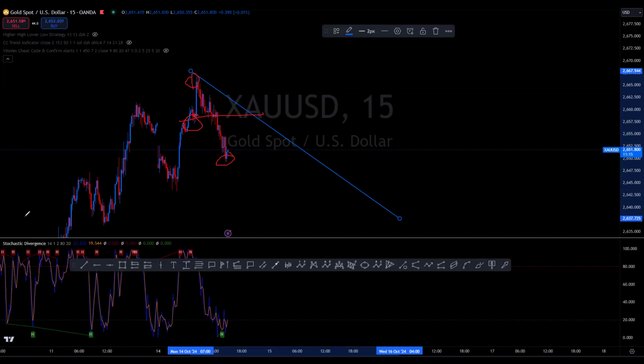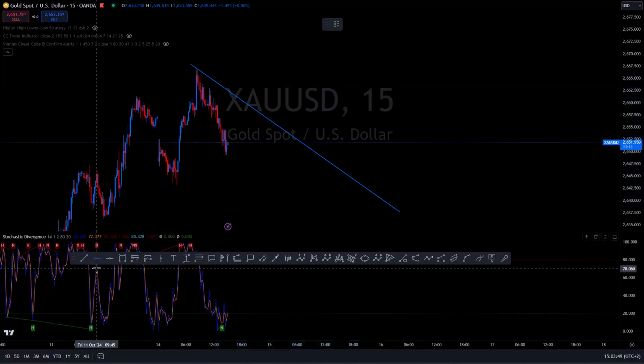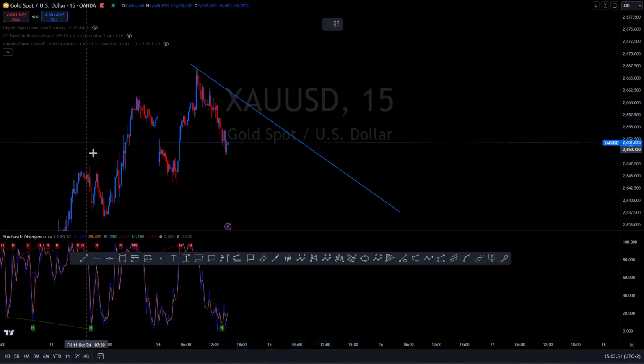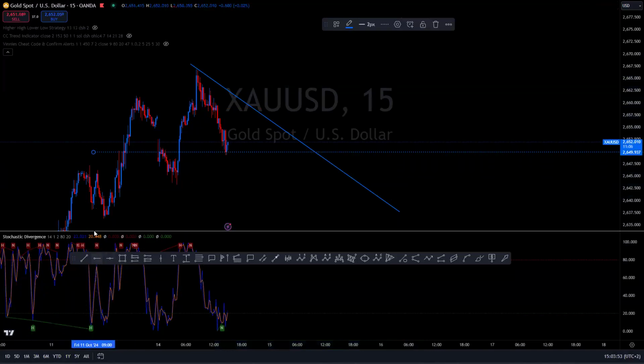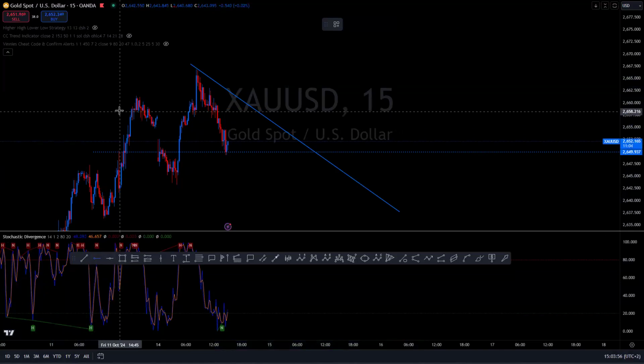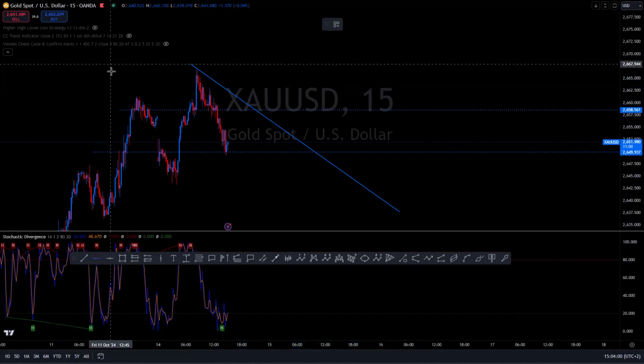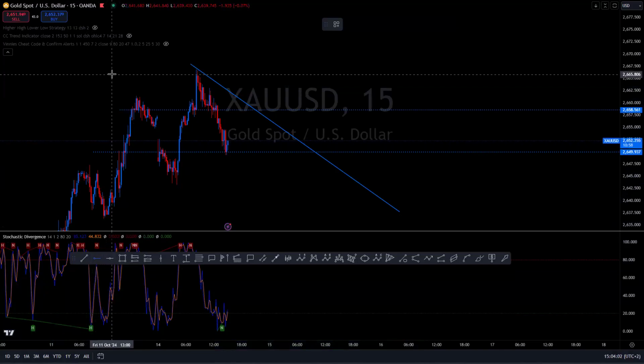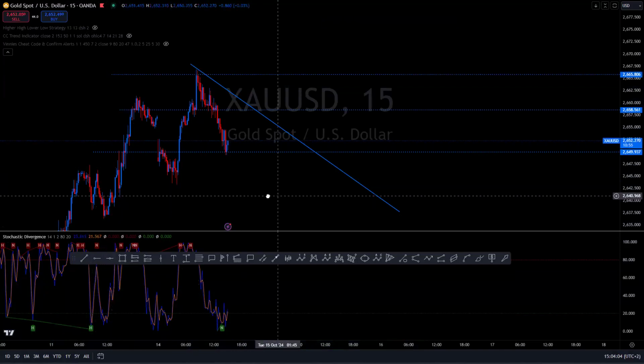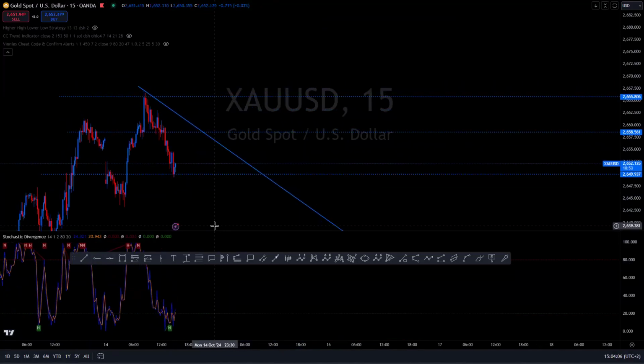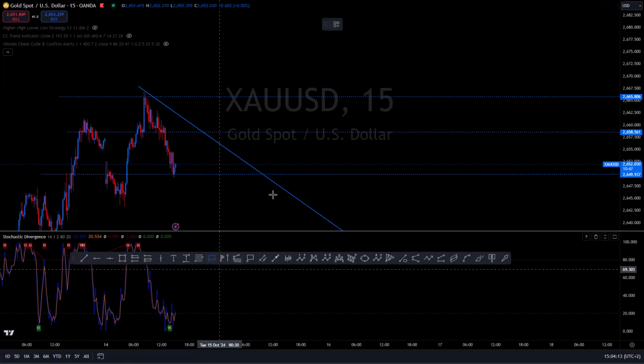So we're going to mark that up. Right. So now we're in the bearish trading range.